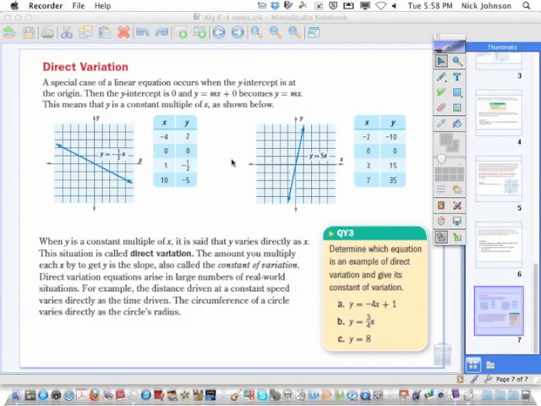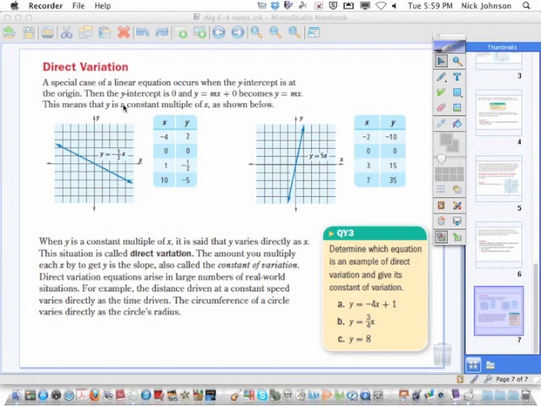All right, last thing we need to talk about is direct variation. Direct variation is a special case of a linear equation that occurs when the y-intercept is at the origin, which means your y-intercept is 0, and y equals mx plus 0, which means you don't write anything there, which then becomes y equals mx.